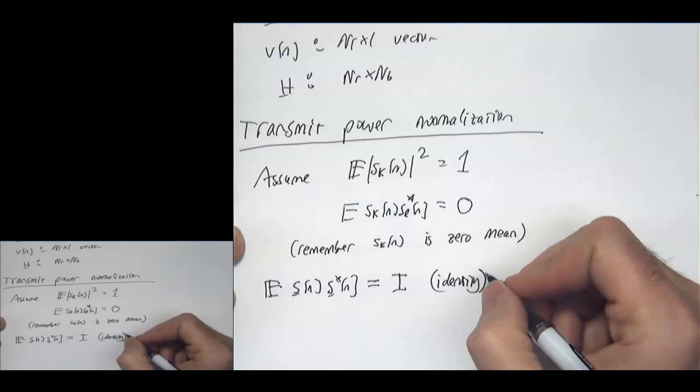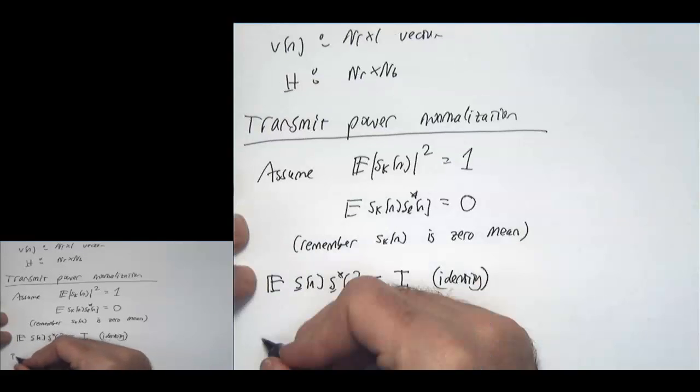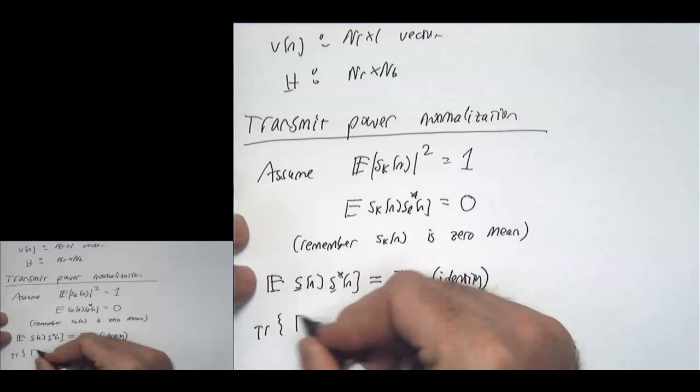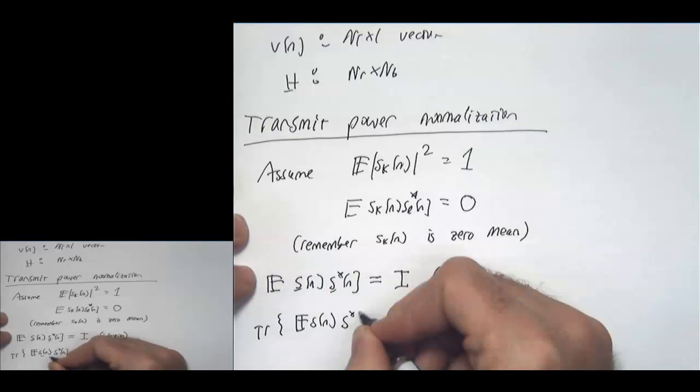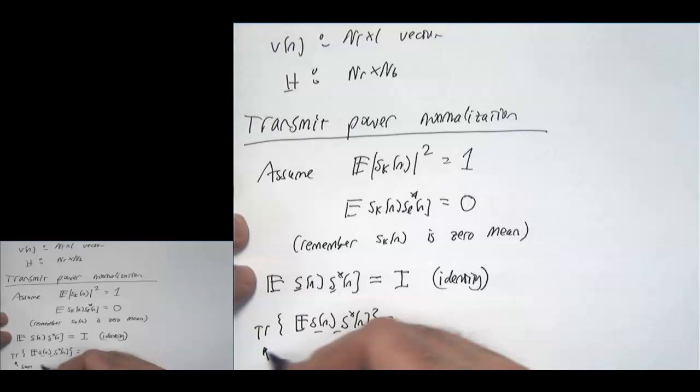And then the transmit power, how we define the power here essentially is going to be the trace of the expectation of S of n, S star of n. So the trace is just summing the diagonal. It's an operation that sums the diagonal.